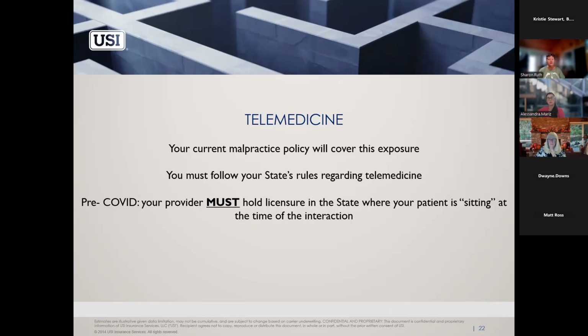If the patient is in Florida for a family vacation, note that. But if there is a consistency that these telemedicine activities are occurring with that patient outside of a state where your provider, whether it's a physician or mid-level, is licensed in, you've got to let your malpractice carrier know and make sure that they're going to cover you in that state, and you better have a medical license for that state.